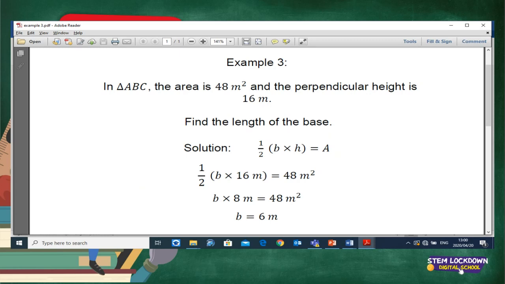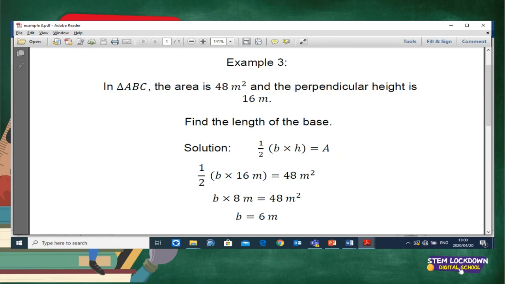You don't always have to see the triangle in black and white, because what is important is the ability to recognize the information that is given. So without inspecting the triangle, you can already tell that your area is 48 square meters, which is given, and the height is also given. And of course, you use the formula.